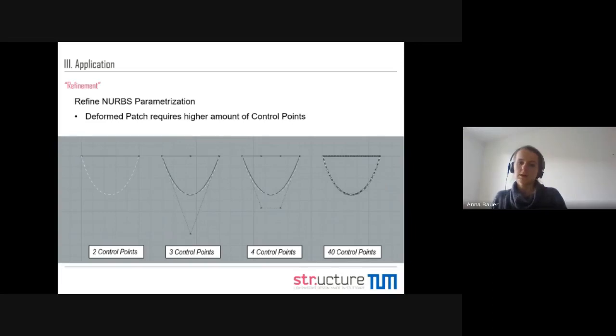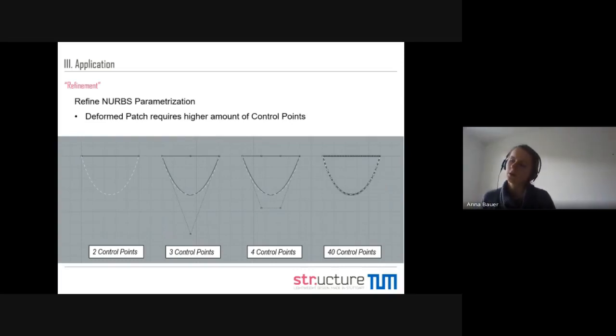So you need to add some control points to be able to represent the results with the curve as well. So you also have to think about, am I able to represent the result with my chosen parametrization, so with my control points and the knot vector, for example.